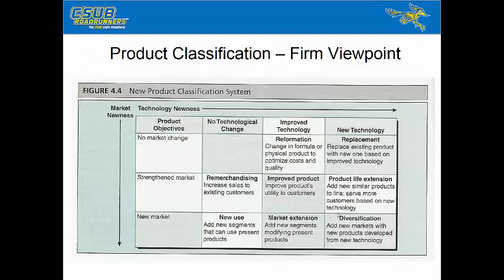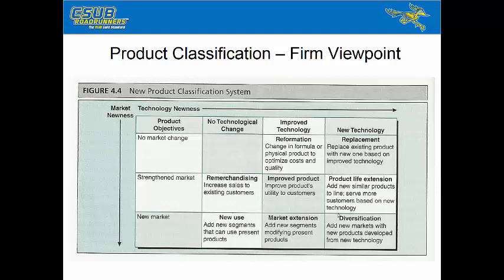From a firm standpoint, you can take a look at the level of market newness of a product and the level of technological newness of the product, and have various levels of innovation based on that. So in market newness, you can either have no market change, strengthened market, or a new market.